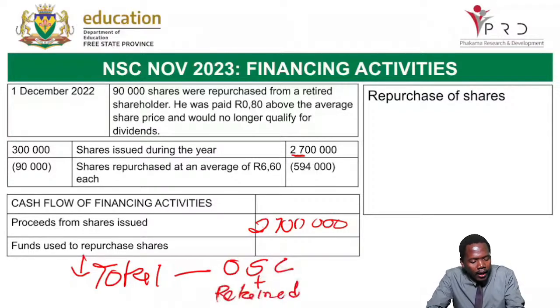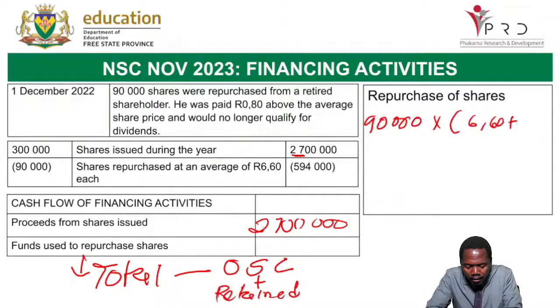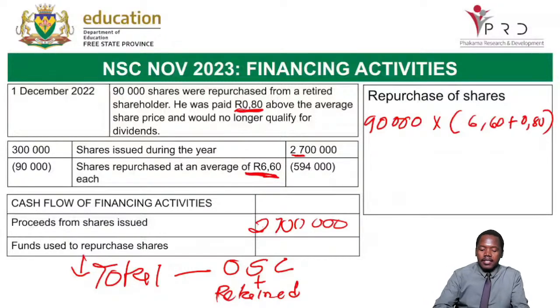Now, how do I do this? We take the number of shares multiplied by the 660, which is ordinary share capital, plus the 0.80. There is the 0.80, there is the 660. So now we say 660 plus 0.80, there is 660.80 multiplied by 90,000.